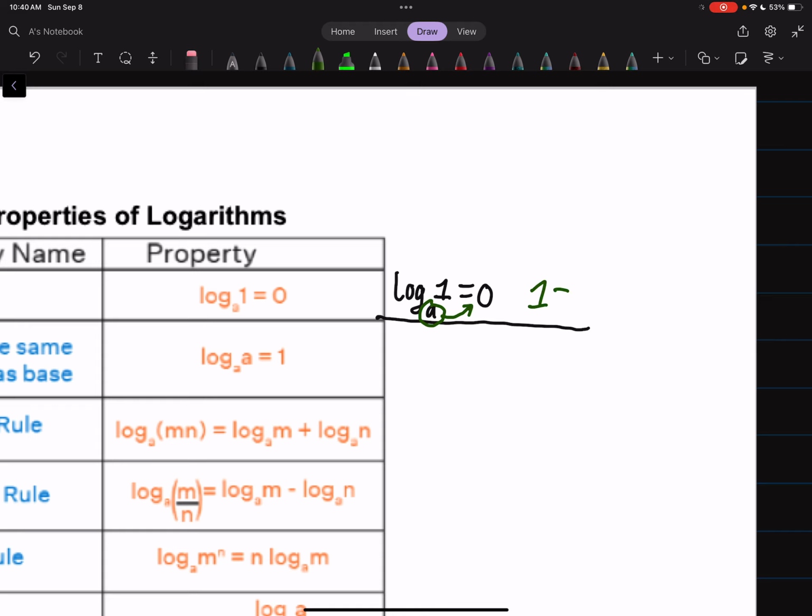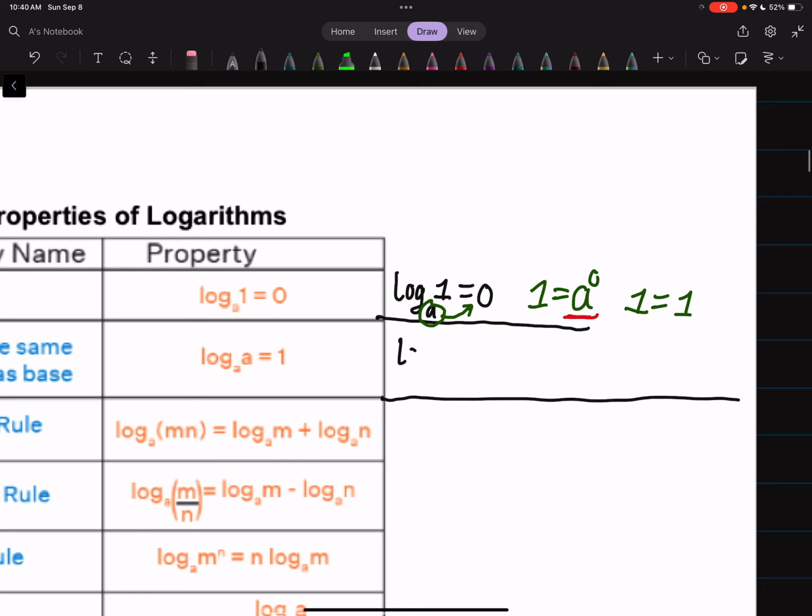So I'm going to have 1 is equal to my any number with my 0 exponent. Now we know that a to the 0 power, any number raised to the 0, is equal to 1. So what this is really saying is 1 is equal to 1. Okay, should be good with that one. Let's move on to the next.